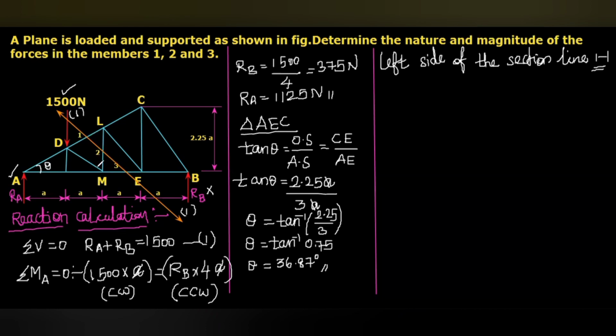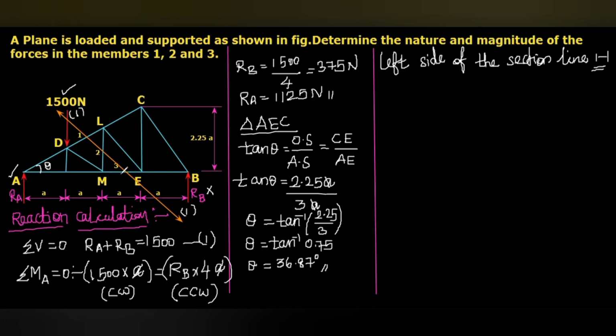Okay, so here first I am going to take moment about other points. There are 3 unknowns here, so we have to choose a point that cancels the moments of at least any 2 of the unknowns. So first I am going to take moment about A. When I'm taking moment about A, you can see the RA will be eliminated.